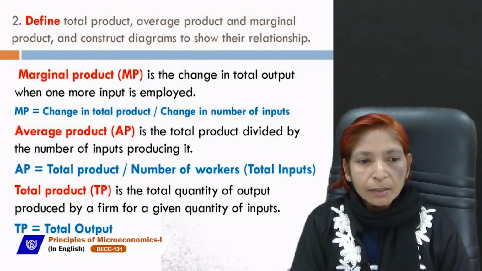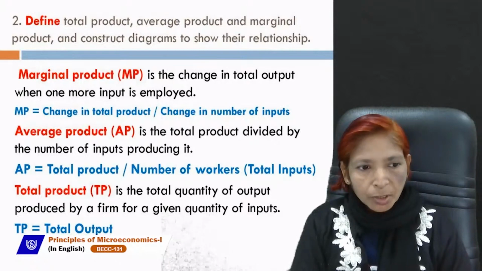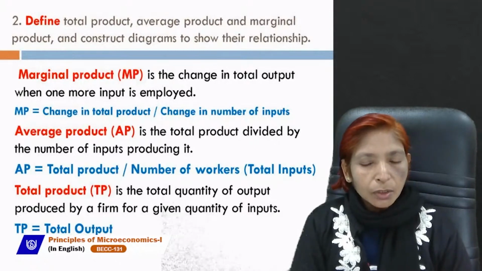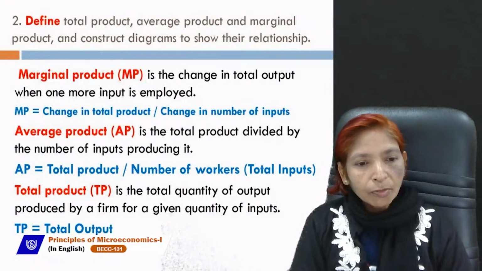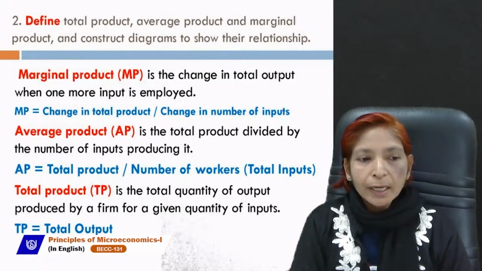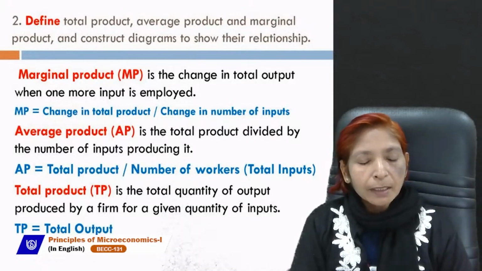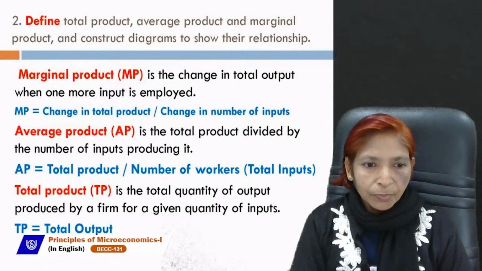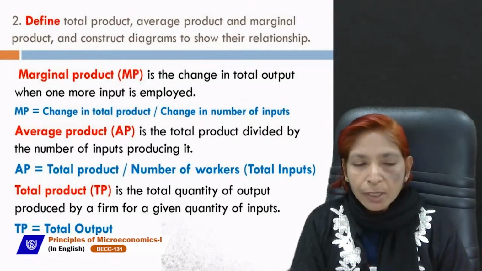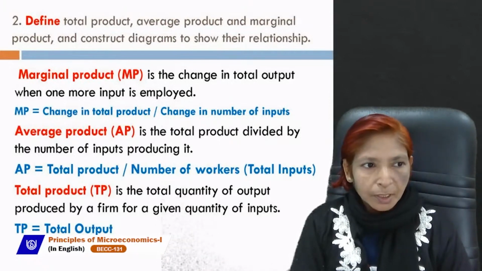The word average represents here per unit of output, or average product is the total product divided by the number of inputs producing it. So we can get AP by using the formula TP divided by the number of inputs. Or in other words, average product is the per unit output of any commodity.